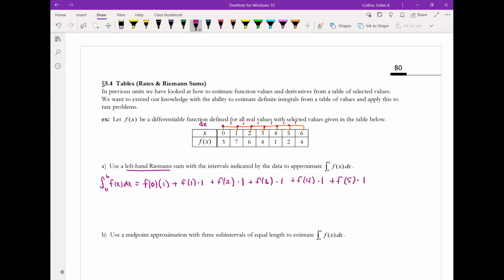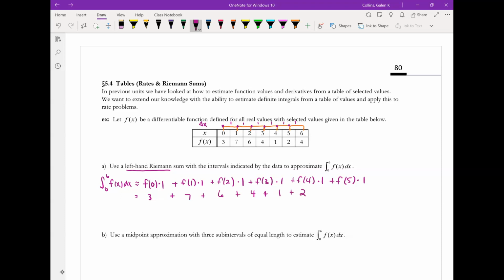Remember, we don't add f of 6 times 1 because that's the right-hand side of our last rectangle. So we have 6 rectangles, we only want the left-hand side multiplied. So now if we go back and plug in for f of 0, f of 1, etc., if we plug in the actual values from our table, so this is 3 times 1, 7 times 1, 6 times 1, 4 times 1, 1 times 1, and 2 times 1.